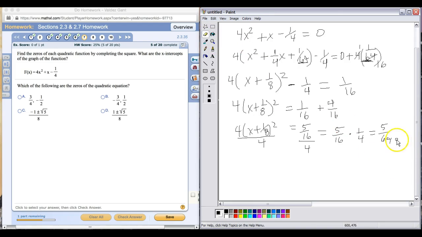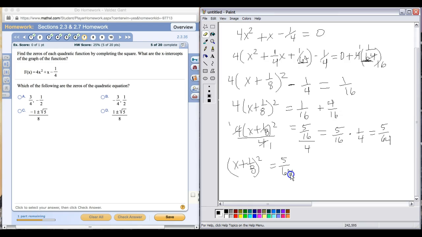Again, I can't seem to write 4s today. So that's 5/64, which reduces to 1. Now we just have x plus 1/8 squared equals 5 over 64.